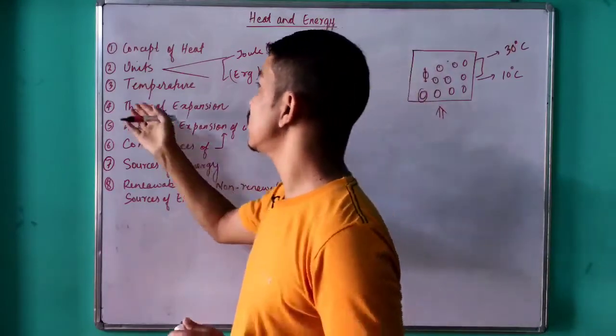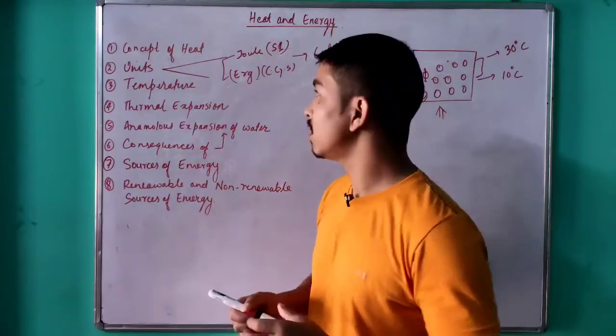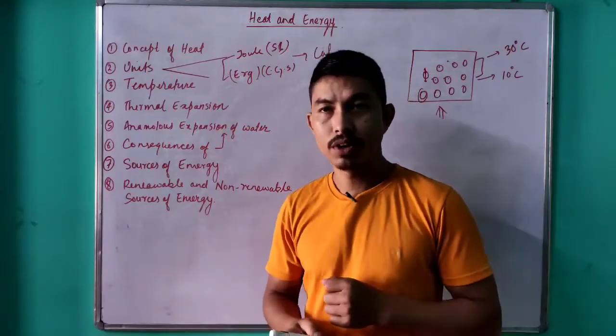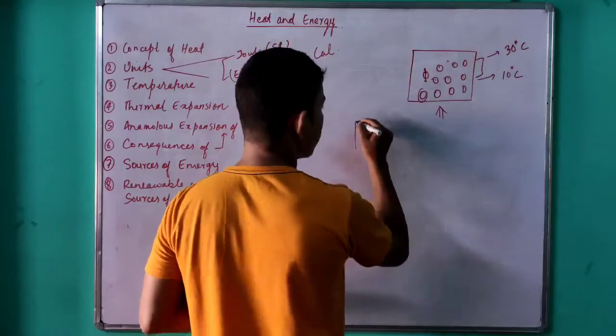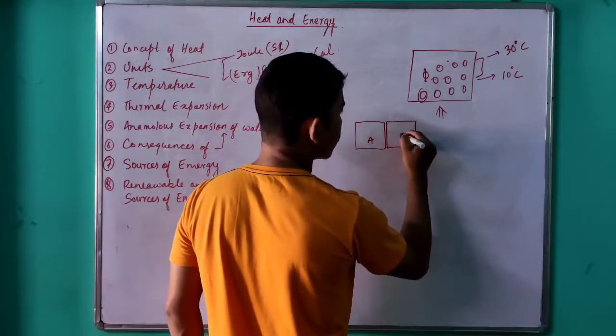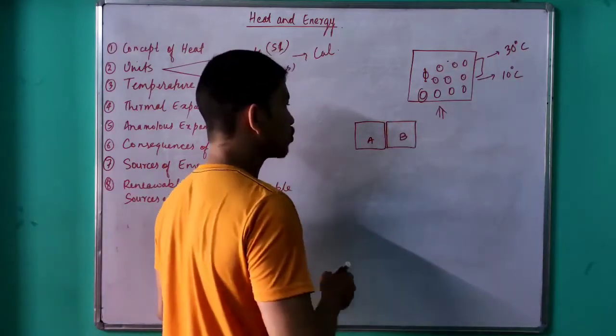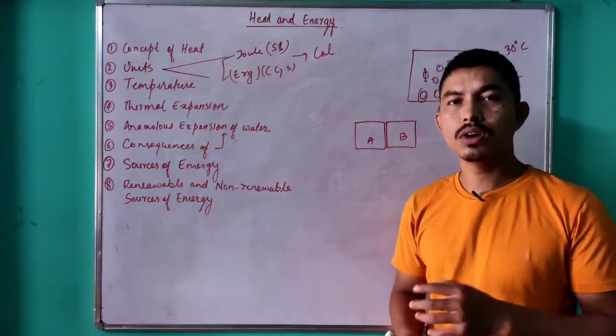Now coming to the third term, temperature. Temperature is simply the hotness or coldness of a body. Also, we can understand temperature in this sense as well. Suppose I have an object A and an object B, one is hot and the other is cold, and we know that heat always flows from the hotter body to the colder body.